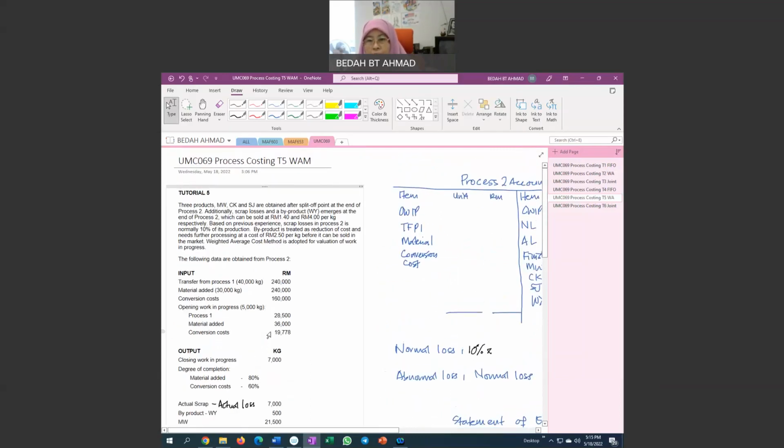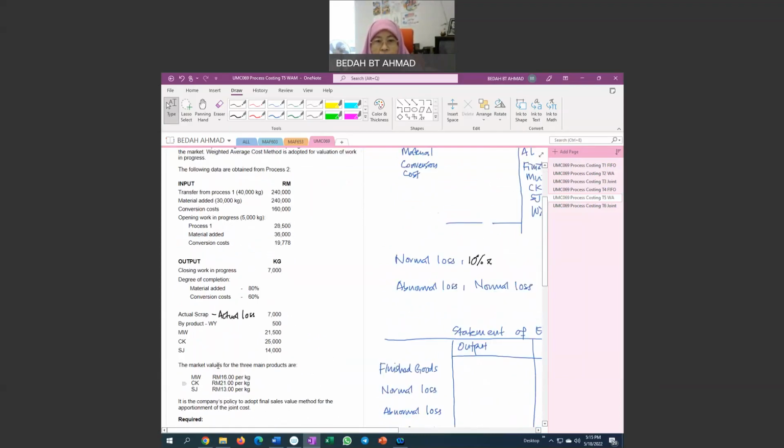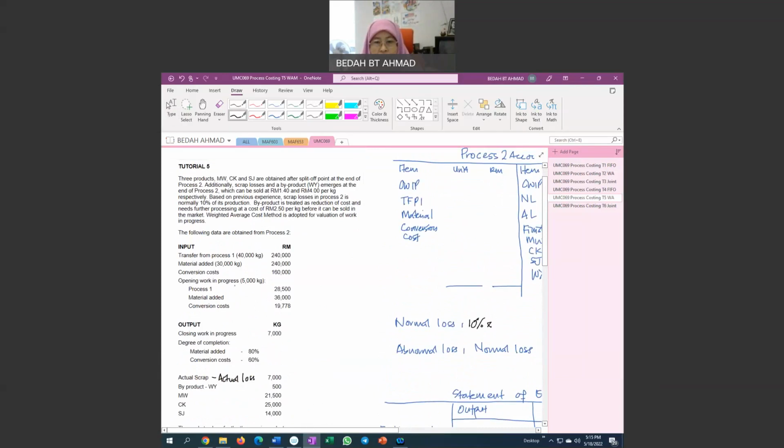Now we will record all the input cost and input units in the process 2 account. We start with the opening work in progress, based on the input here: 5,000 kilograms. I have prepared the accounts and the statement, so we just record directly.